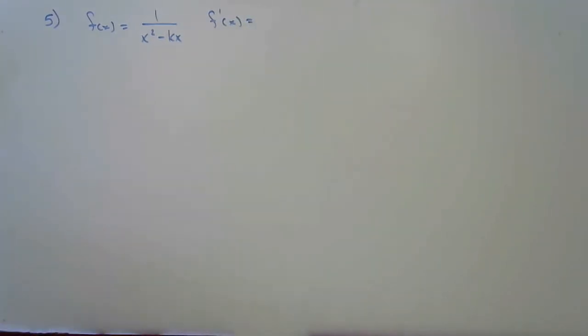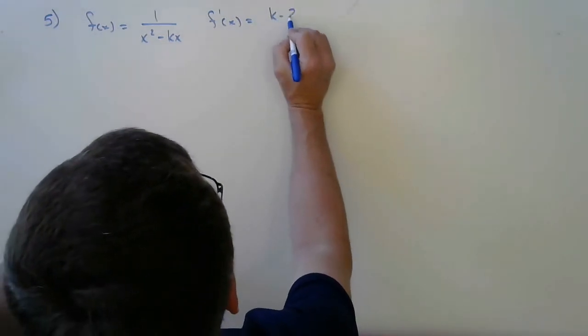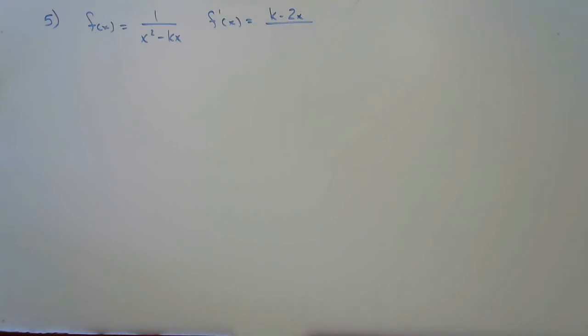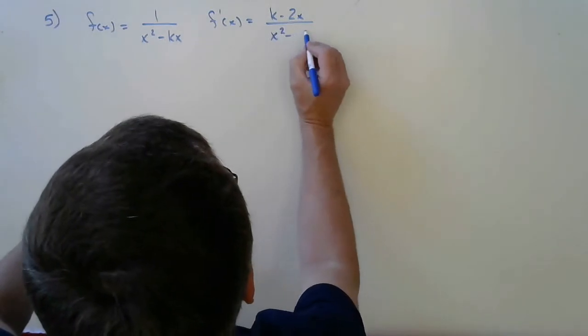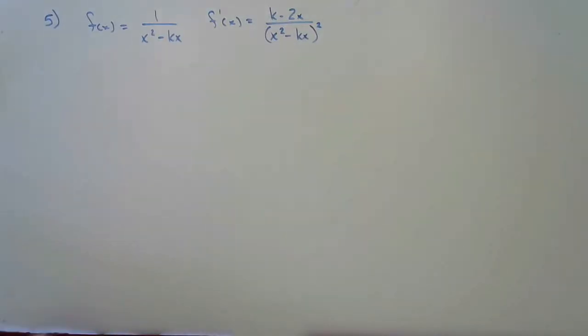Not that we can't find the derivative, but they give it to save us the work. So we get f prime of x equals k minus 2x over x squared minus kx, squared. They gave us the derivative so we would not have to go through the quotient rule, and let's be honest, it eliminates the chance of us making a silly mistake.